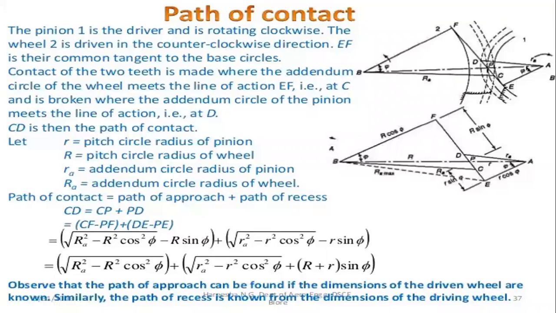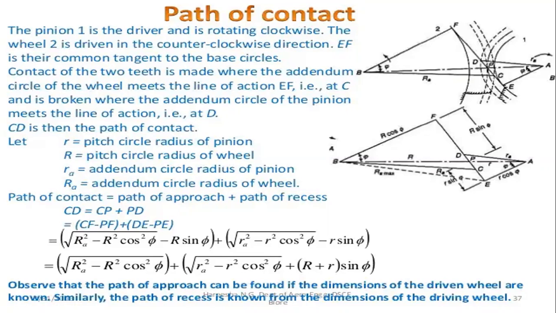So CF minus PF is taken as the root of capital RA square minus R square cos square phi, minus R sin phi. That is the value of CF minus PF. Then we substitute the PD value also, that is DE minus PE, which is the root of small ra square minus r square cos square phi, minus r sin phi.